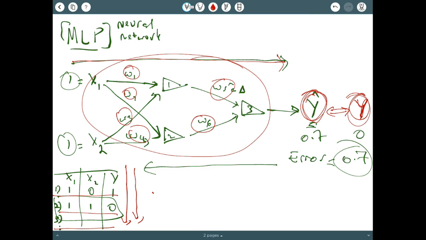Now that may not be the case. Say we have 1,000 rows in the data, and we're done going through the entire data set, but we still have significant error. Well, then we go through the data set again, and we keep going through it again and again and again. These passes are called epochs.